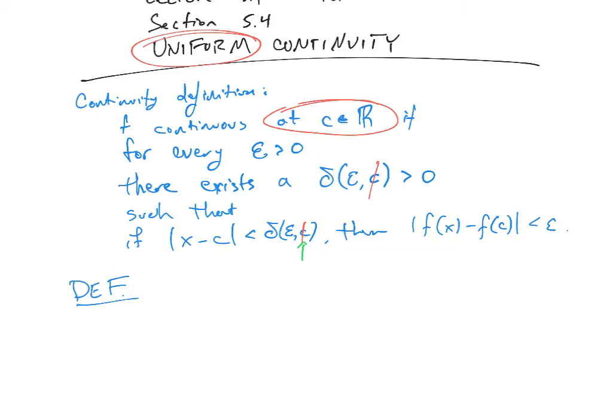Remember, in continuity, we say you're continuous on the set A if you're continuous at every point in A. Uniform continuity can only be for a set. So let's take a set, and we'll have a function with that domain.